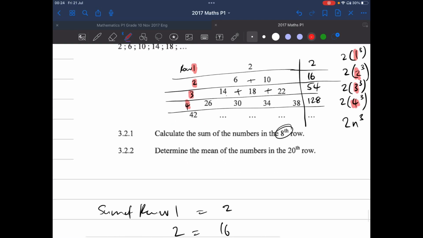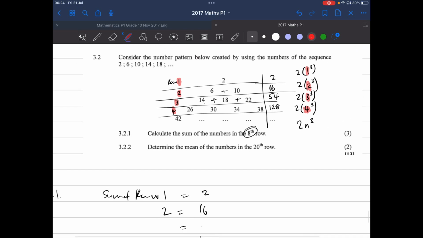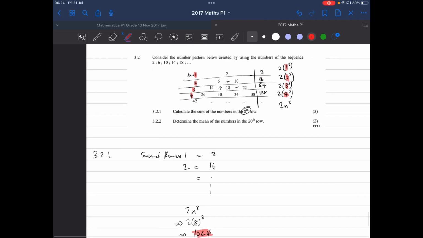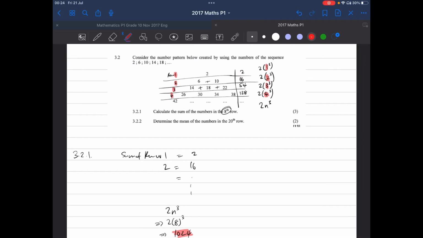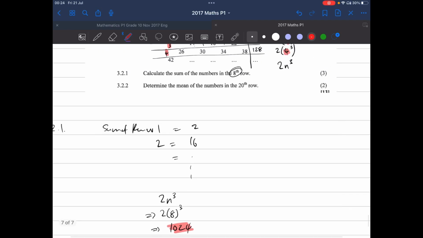Determine the mean of the numbers in the 20th row. So let's try and see if we can come up with something similar for this one here. Let's see if we can find a pattern for this one as well. Well, there isn't a pattern to find, because let's think about this.